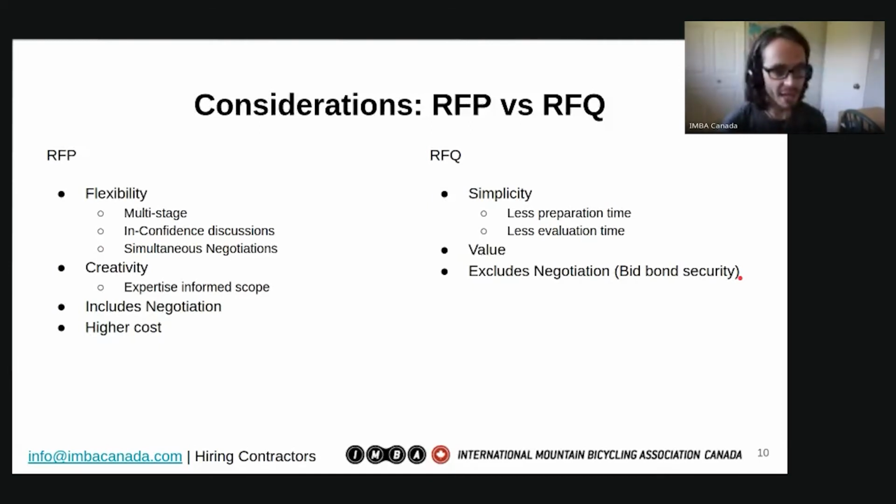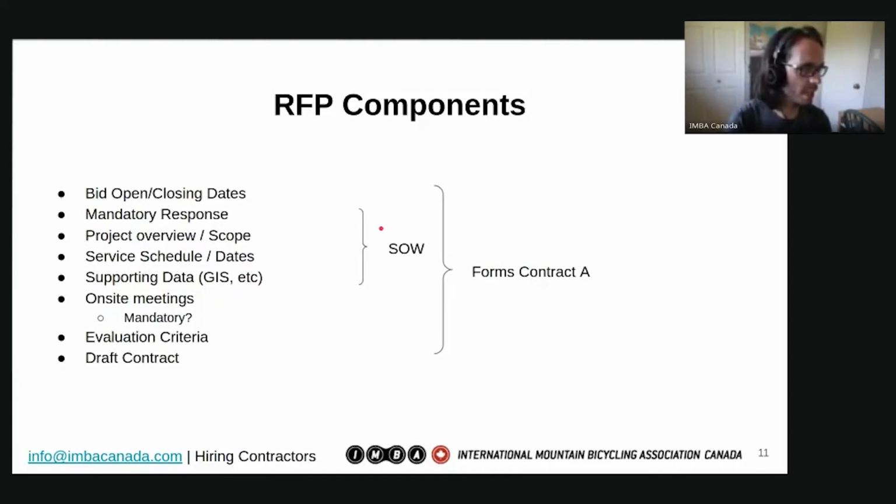But in that landscape, if the winning bidder was unable to move forward with the contract, then the owner would be able to go after it through a bid bond with the bid bond security. So those are some of the differences.